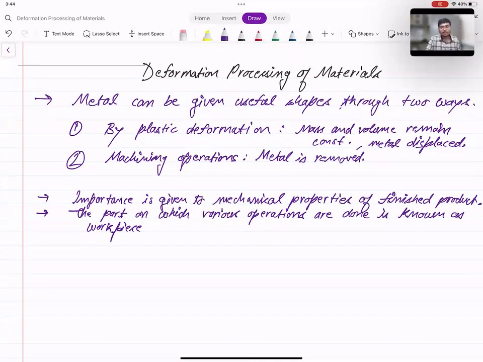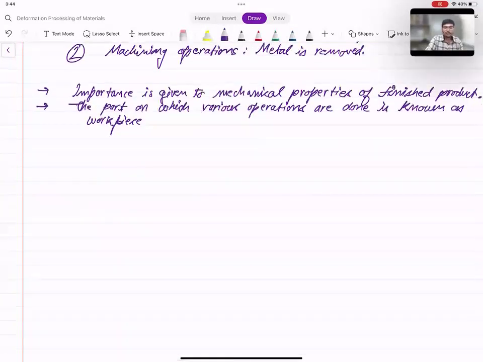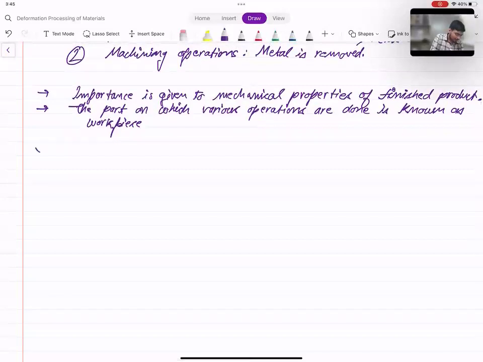Now, these metalworking operations or metal forming operations can be classified into different categories or different types. So broadly, based on the stresses applied, these are classified in five different categories.